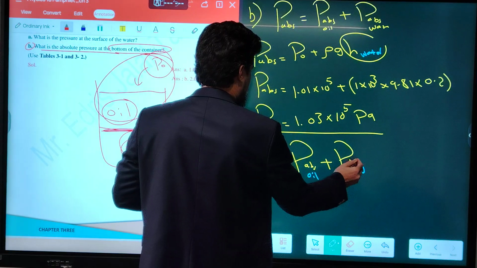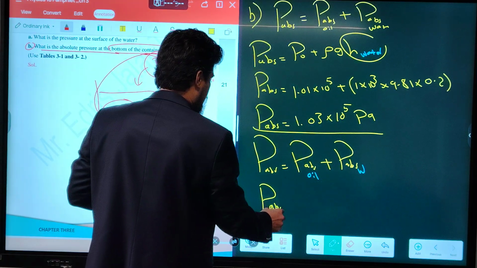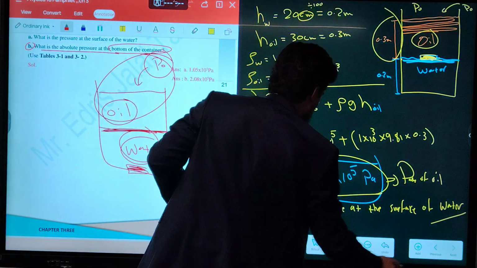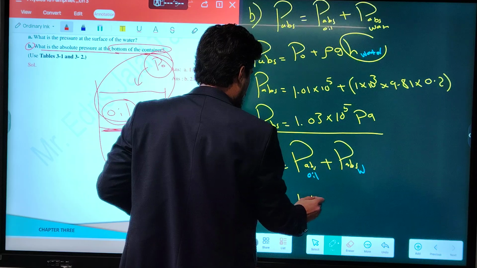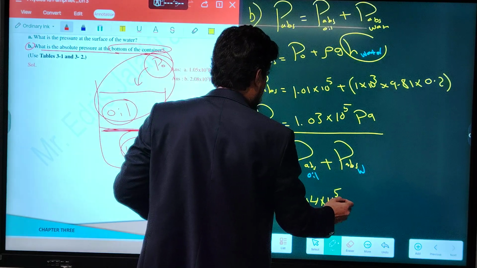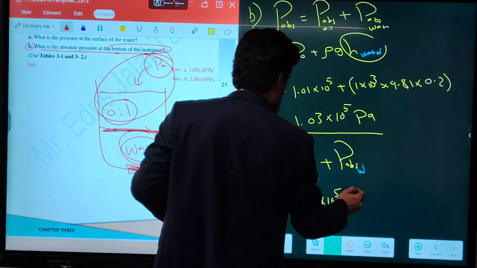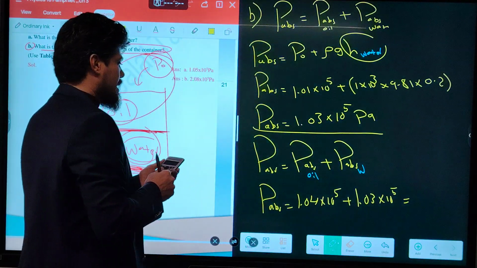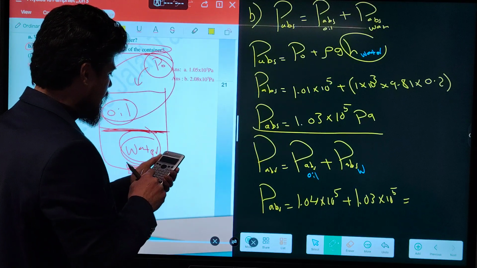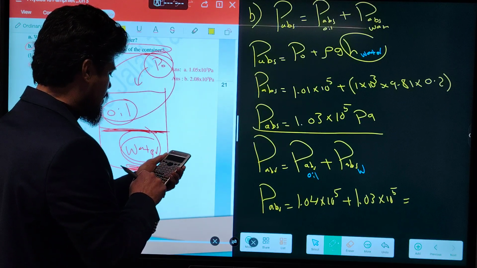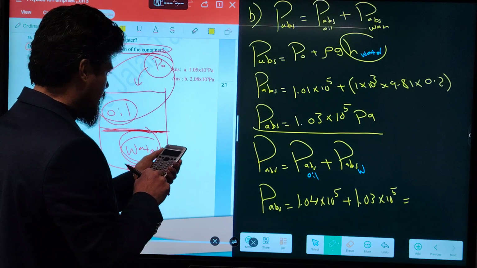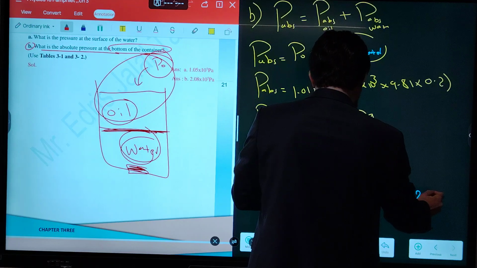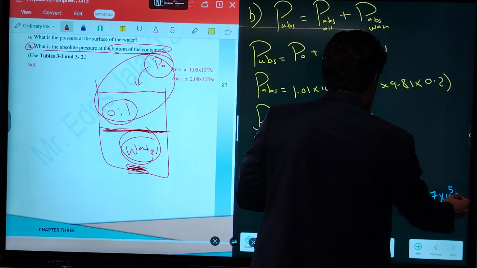For the oil it is 1.04 times 10 power 5 plus 1.03 times 10 power 5, so we have to add up these two numbers. 1.04 plus 1.03, I got 2.07 times 10 power 5 Pascal.